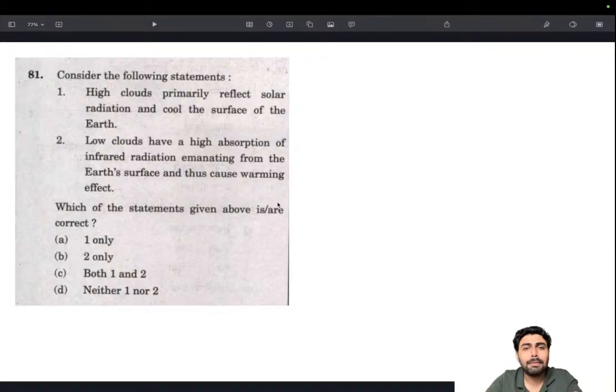If you study any phenomenon, whether it be clouds, currents, waves, tides, or weathering, the functional aspects are very important. What do they do? What impact do they have on the surface, on the landscape formation, or the heating? So pay close attention to the functional aspect more than learning the facts.